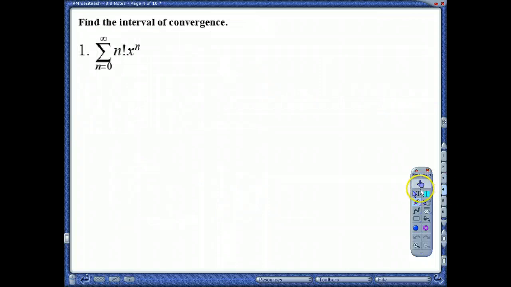All right, so let's see what we're going to do. To find the interval of convergence, we are going to use the ratio test because the ratio test is easy to follow and pretty straightforward. It is a power series, but we can still use those other tests.